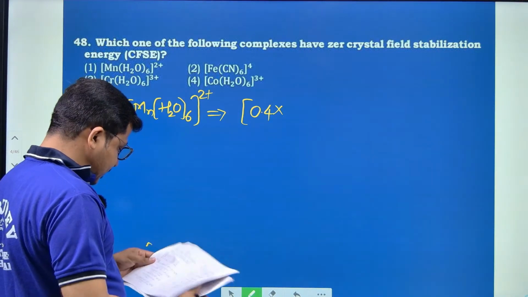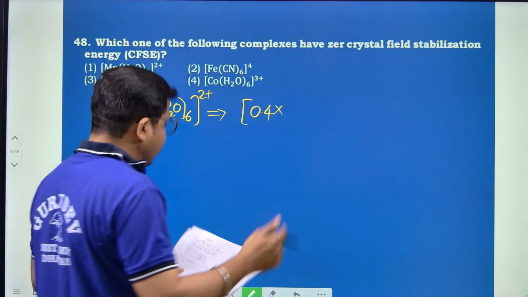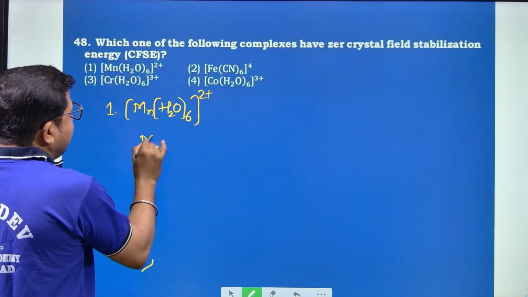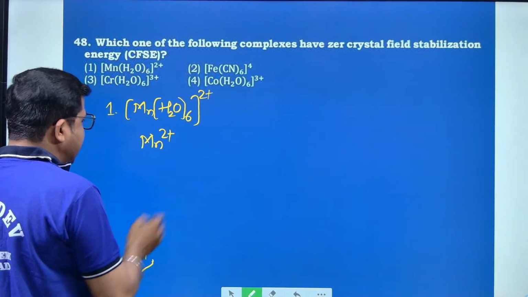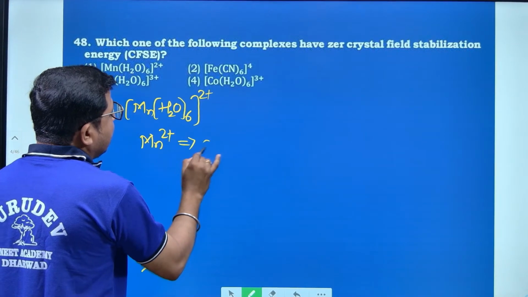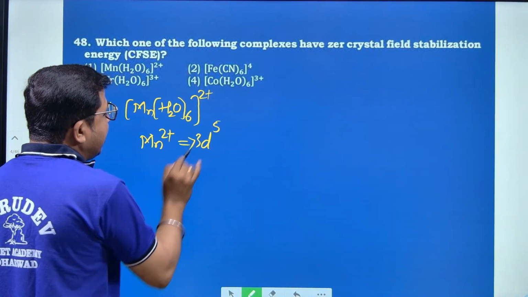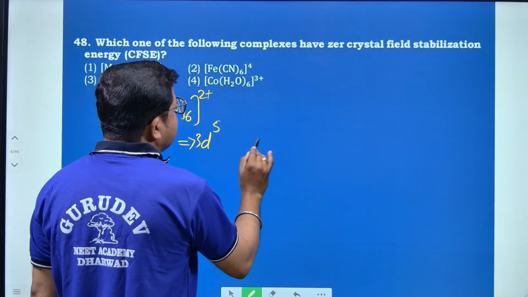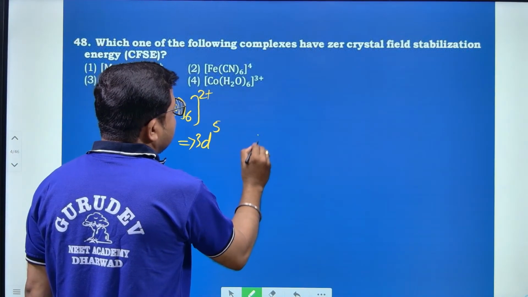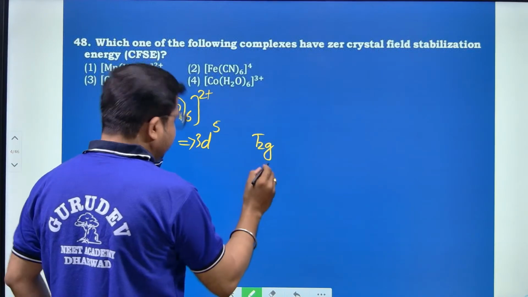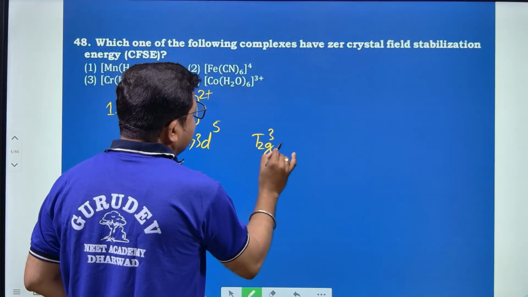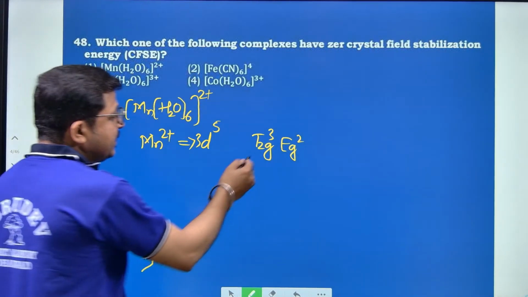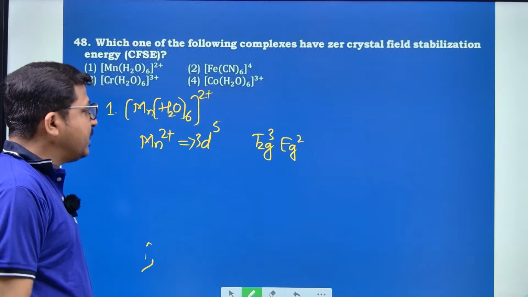Now I will solve this one. The crystal field splitting, that is, Mn2 plus has the 3d5 configuration, and in this 3d5 configuration the splitting takes place like this: t2g 3 and eg 2. The t2g is triply degenerate orbitals and the eg is doubly degenerate orbitals.